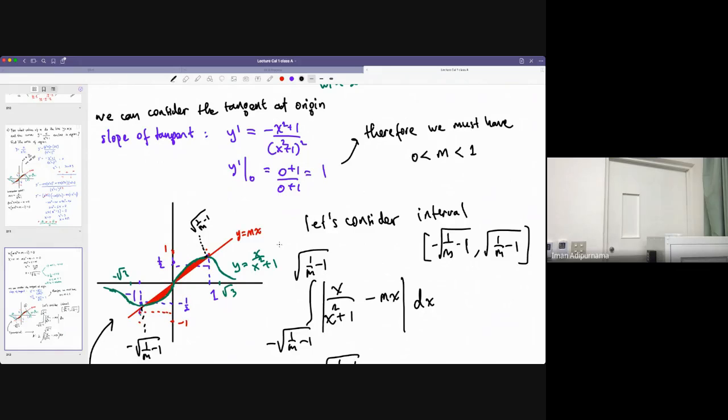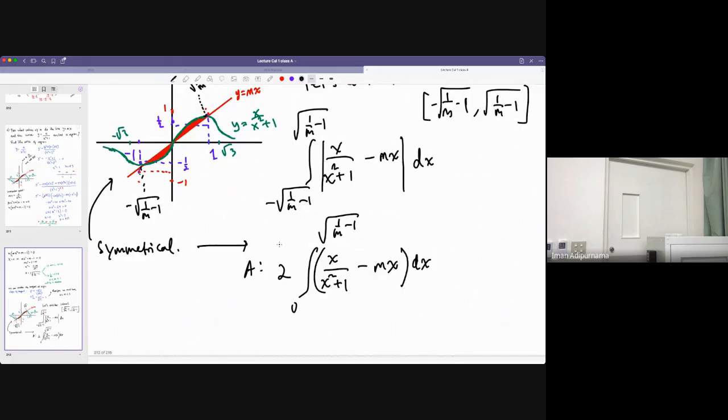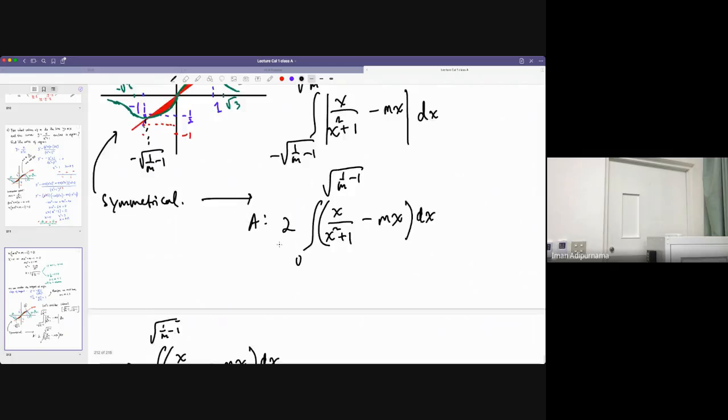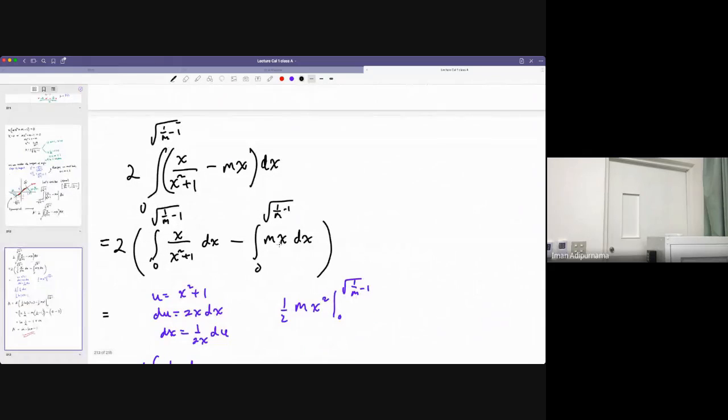Then we can multiply by 2 because of the symmetry, from 0 to the positive one, of the curve minus the line, mx. And we can compute this. We can evaluate it using substitution.